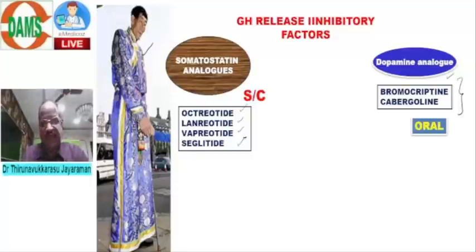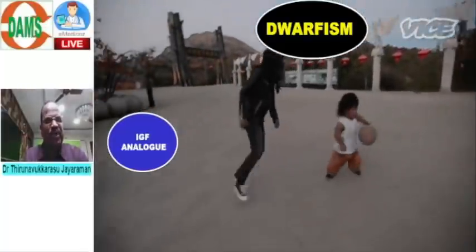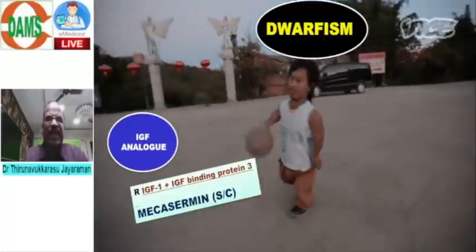One more extra point: we have one drug called pasireotide, a somatostatin analog useful for treatment of acromegaly. The same drug is also useful for treatment of Cushing syndrome. Of course, one more option for treating dwarfism, we have an IGF, insulin-like growth factor analog, called mecasermin.